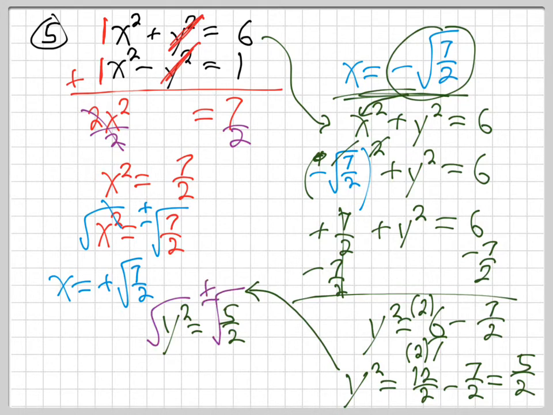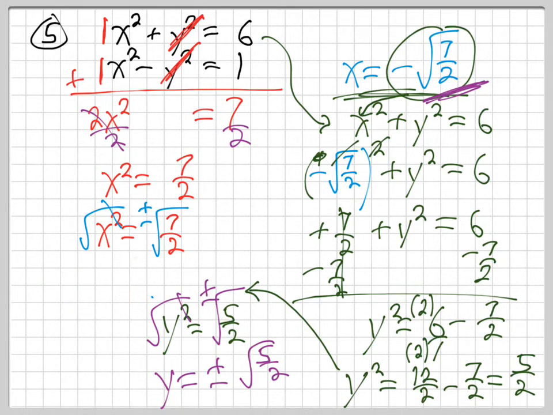When you put a roof on the house, up and down the ladder, don't forget about that. So we get plus or minus root 5 halves. Both of those came from the answer x is negative root 7 halves. Let's get rid of this other x. We'll do the other one on a separate sheet.